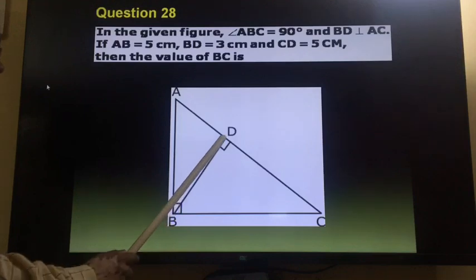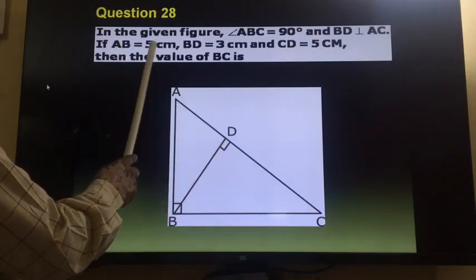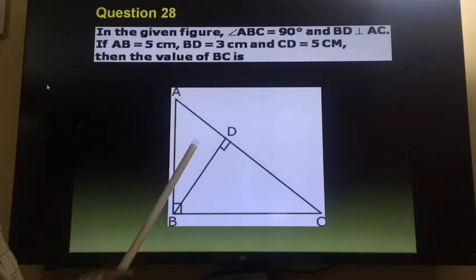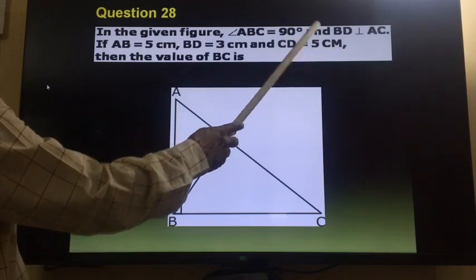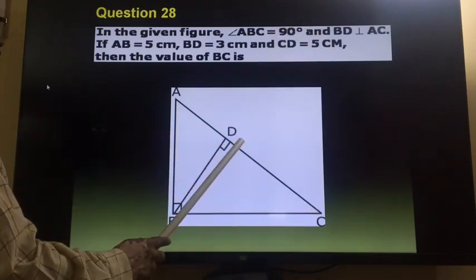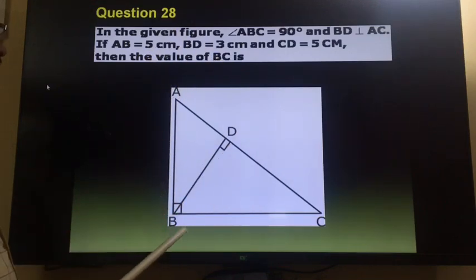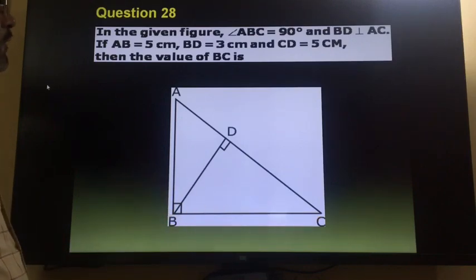AB is equal to 5 centimeter, BD is equal to 3 centimeter, and CD is equal to 5 centimeter. We have to find the value of BC. BC is this baseline. See how you will do it.